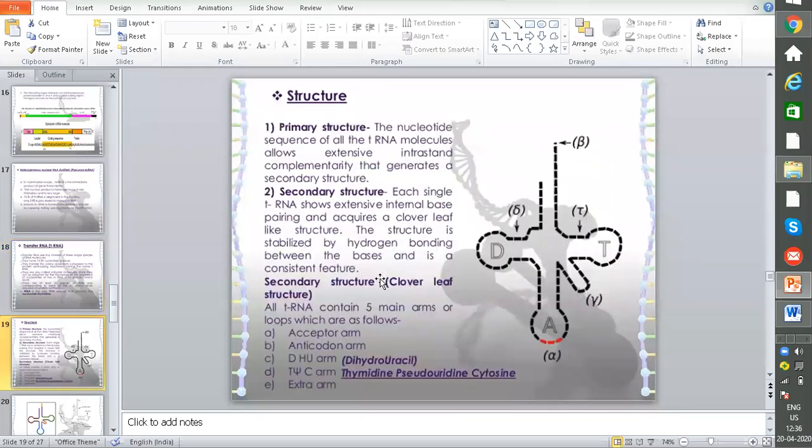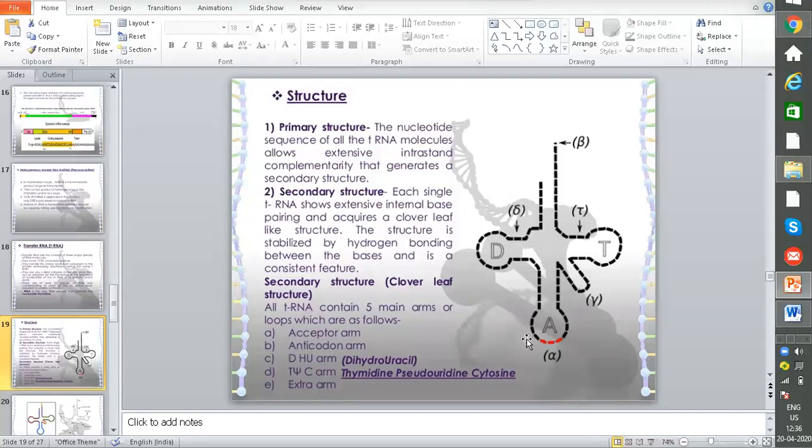This is the structure of tRNA, which has different arms. It has 5 arms. One arm is called the acceptor arm, where amino acids will be accepted. The second arm is called the anticodon arm.